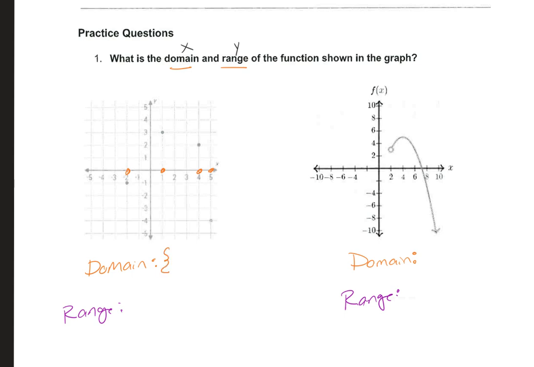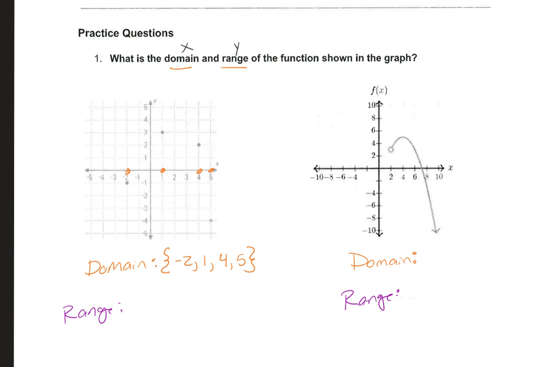So my domain for this function would be -2, 1, 4, and 5. I write it with just the individual numbers and not a sliding because they are just individual dots. They are not a line.